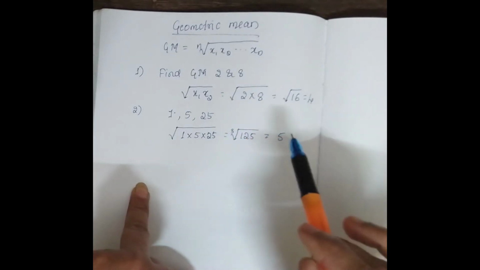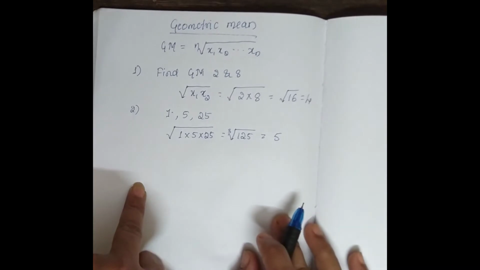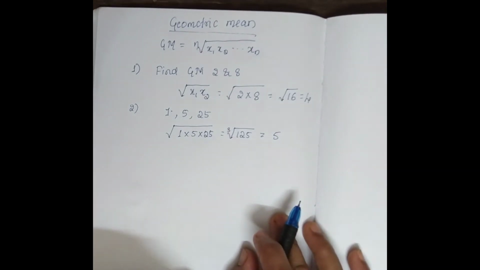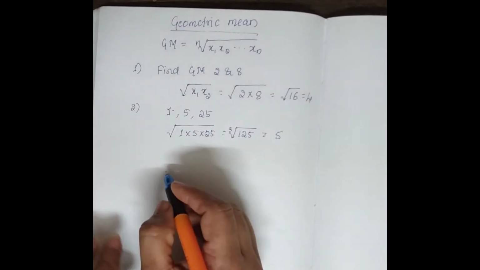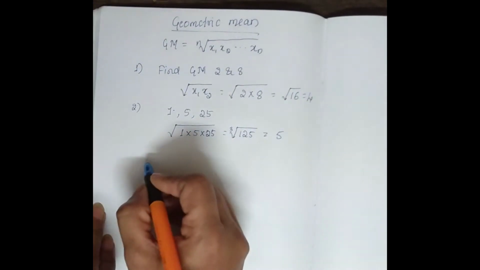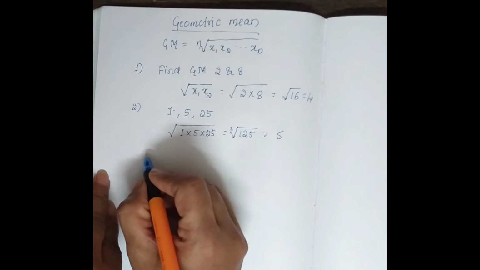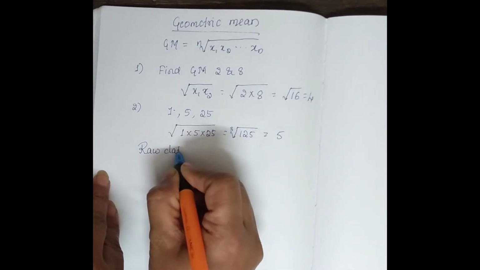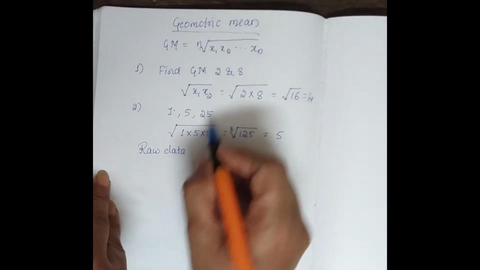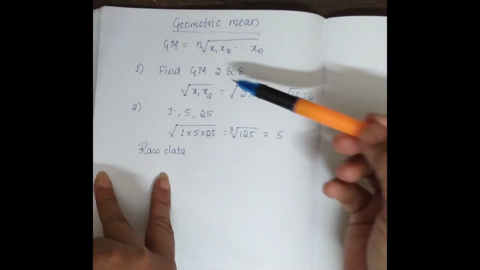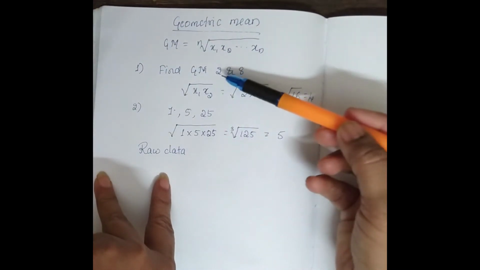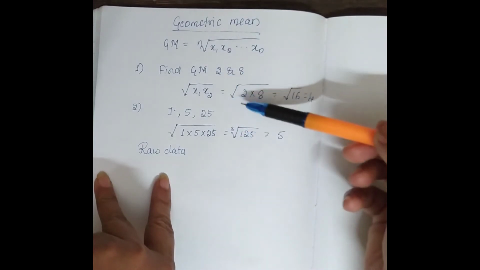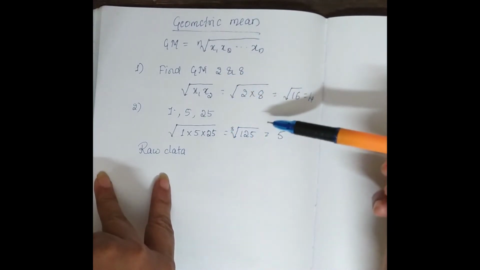If the values are more, then we use logarithms. With the help of logarithms, we will take the formulas. For raw data, if the values are small, like 2 or 3 values, we can calculate easily by square root or cube root.